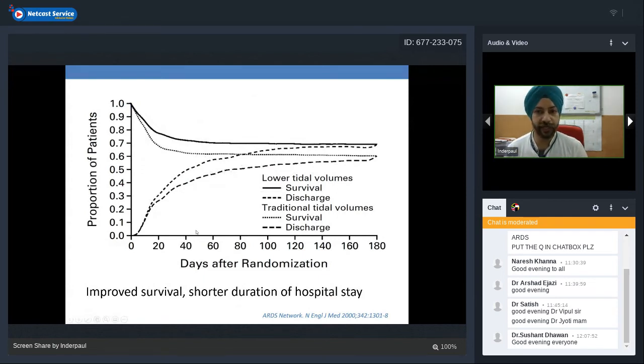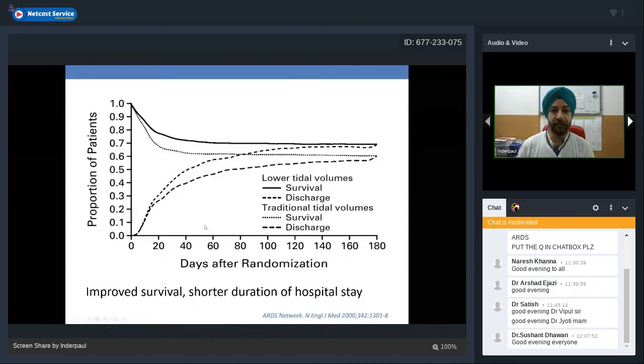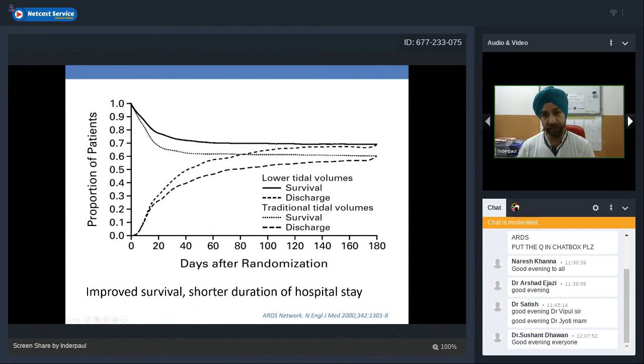So overall, using a low tidal volume strategy is going to do benefit to your patient rather than harm. And it is the only strategy till now which has shown an absolute risk reduction of 10% in reducing the mortality.